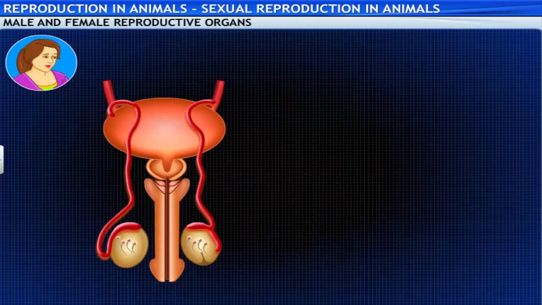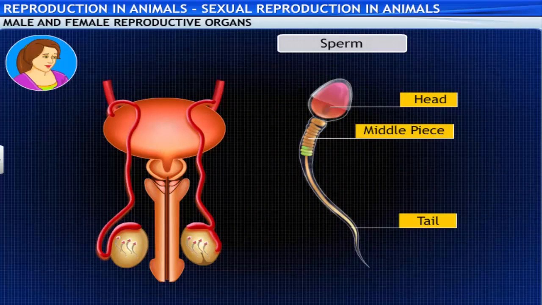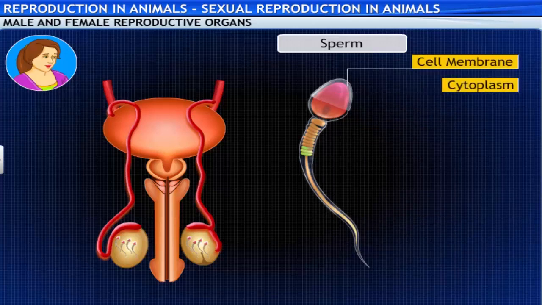The male gametes, called sperms, have a head, a middle piece, and a tail. The sperms resemble a tadpole in their body structure. Each sperm is a single cell that contains all the cell components, such as cell membrane, cytoplasm, and nucleus.